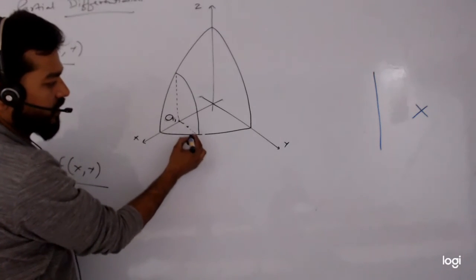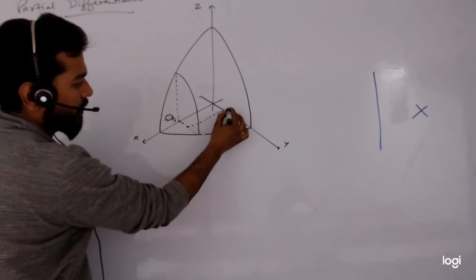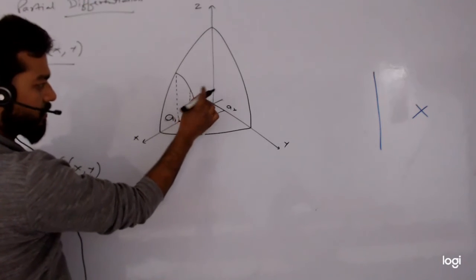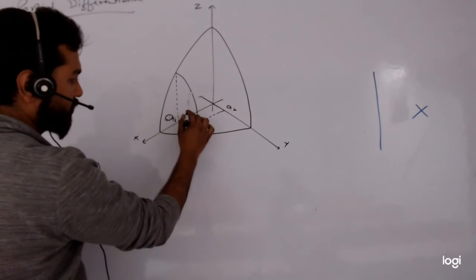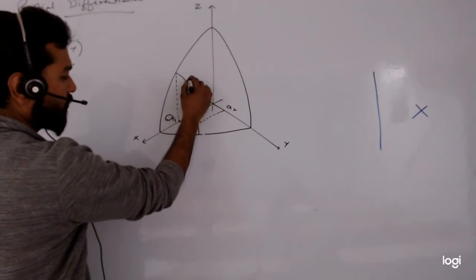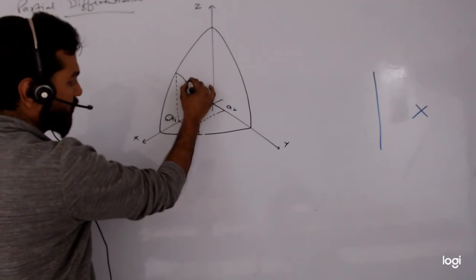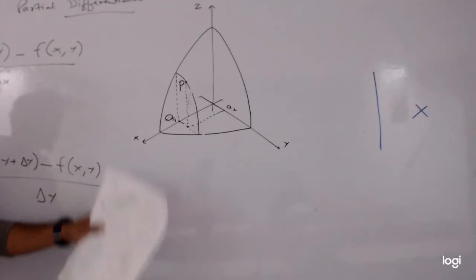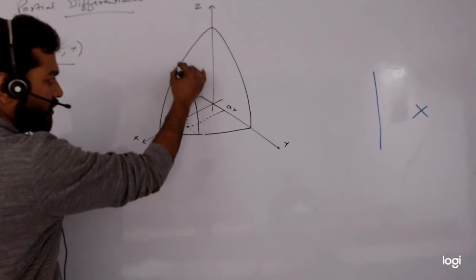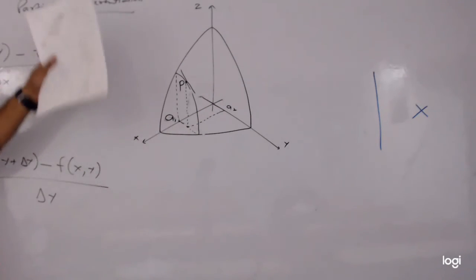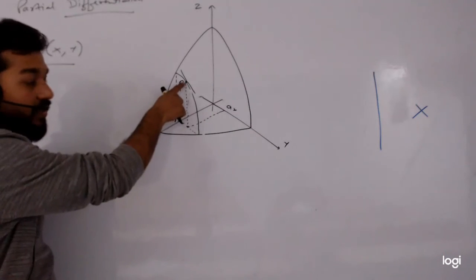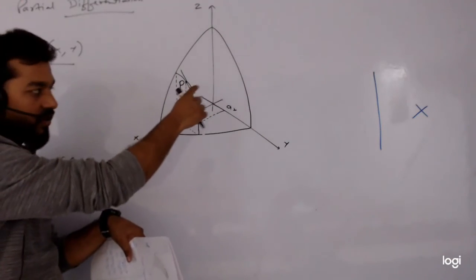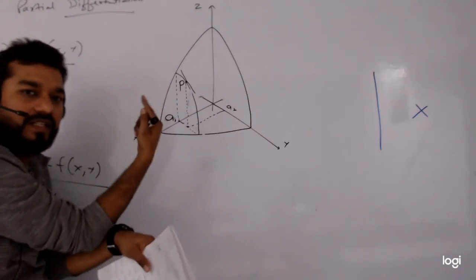If we take a point here, and this is A2, and straight above this we have our point P. Straight above this, the slope of the line this way is just touching this. Remember it's touching this, and this is just one line over this entire surface. So this line is touching this surface at just one point.